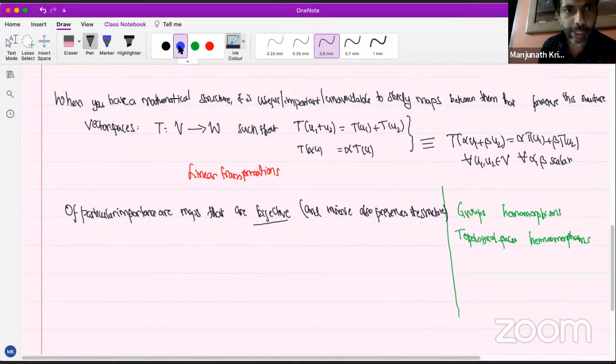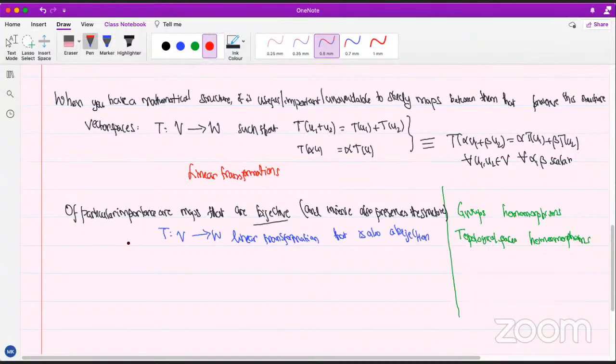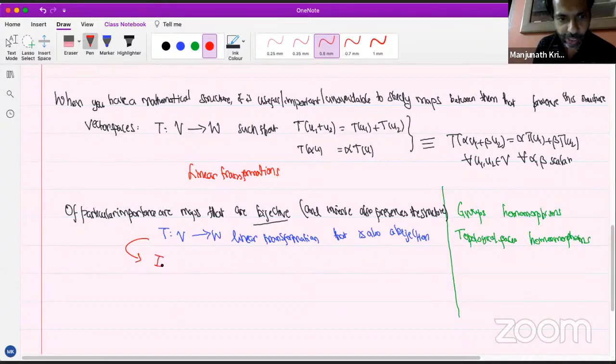But what does this mean? In other words, if I have T from V to W, a linear transformation, that is also a bijection, such a thing, what is it called? Homeomorphism? No, it's called an isomorphism.